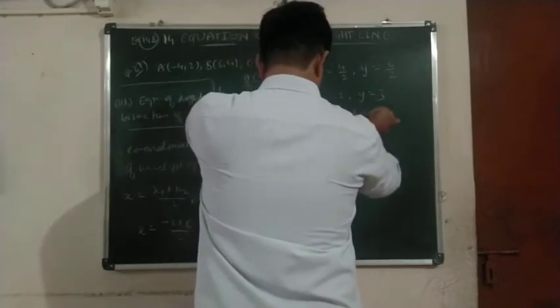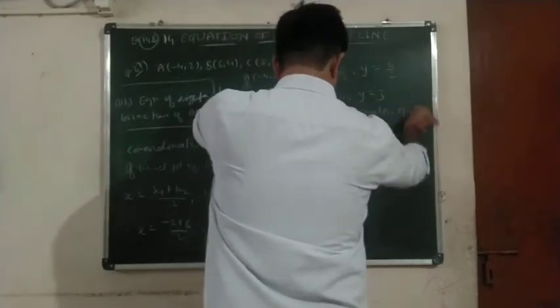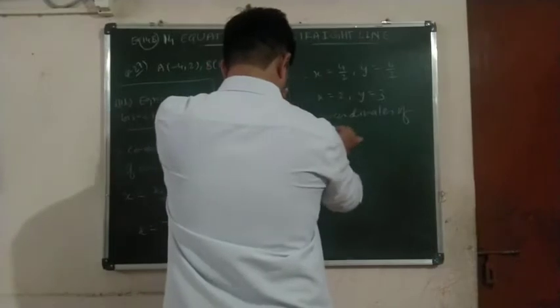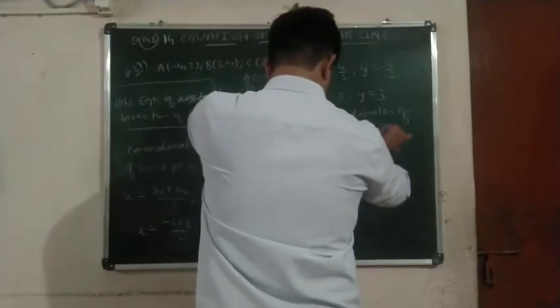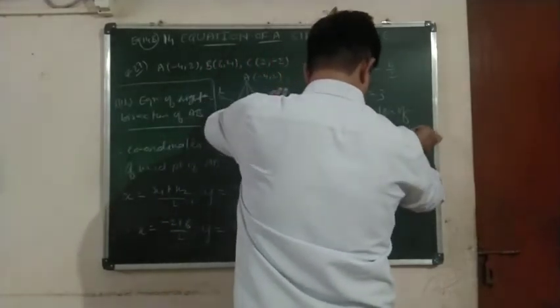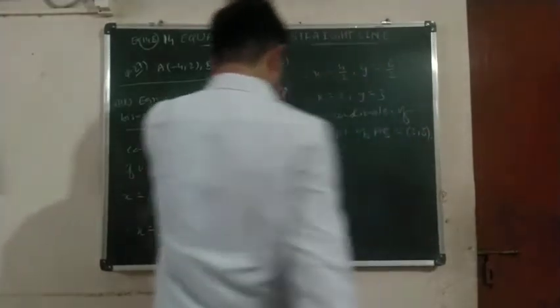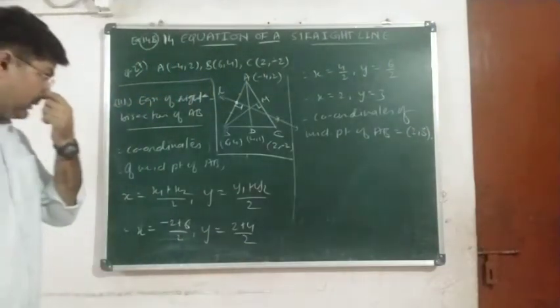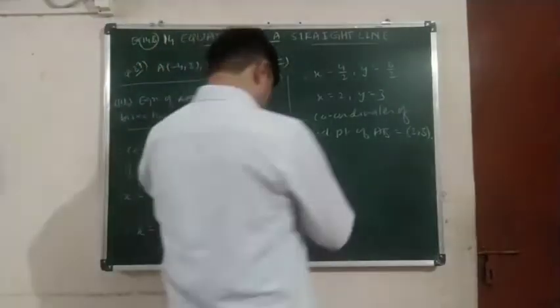Therefore coordinates of the midpoint of AB are (2, 3). Clear? We will also calculate the slope of AB.